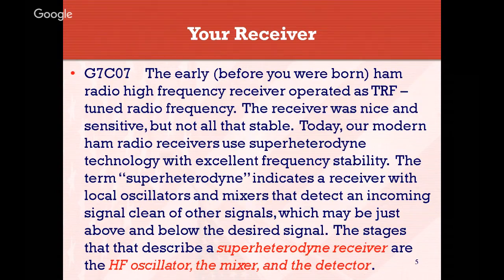So the term superhet, which is short for super heterodyne, indicates a receiver with local oscillators and mixers that detect an incoming signal clean of other signals, which may be just above and below the desired signal. The stages that describe a superhet receiver are the HF oscillator, the mixer, and the detector. So kind of keep that in mind.